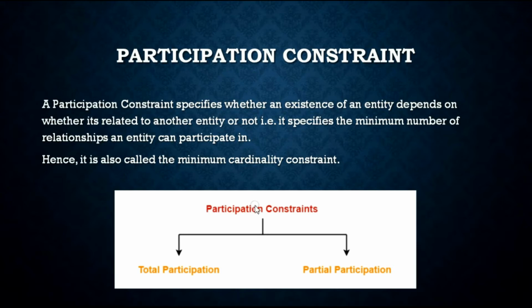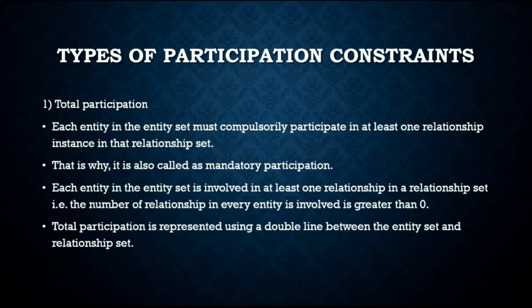Now, participation constraints can broadly be classified into two: total participation and partial participation. Total participation is when each entity in that particular set should compulsorily participate in at least one relationship instance. It is mandatory that one particular entity should participate in at least one relationship.